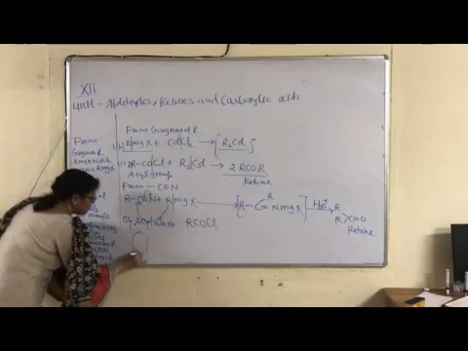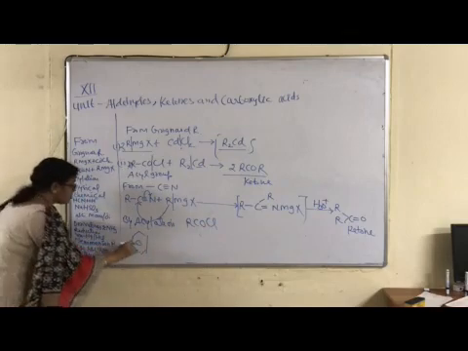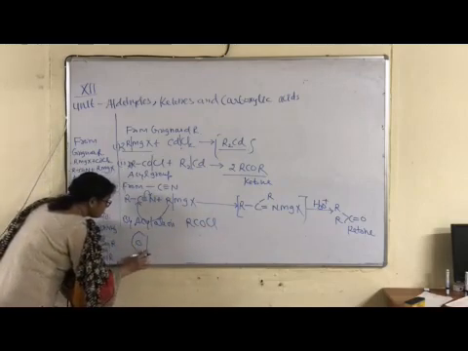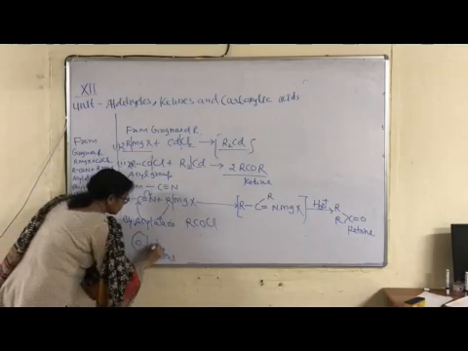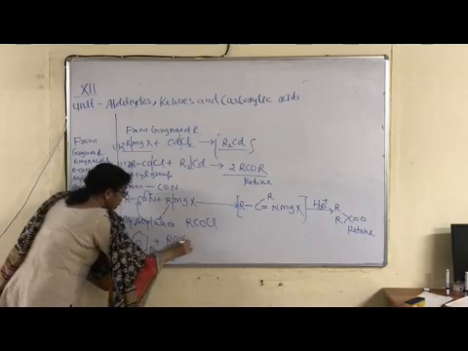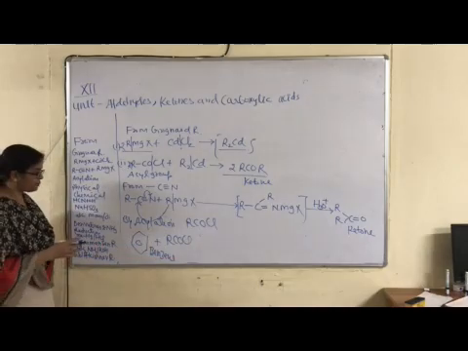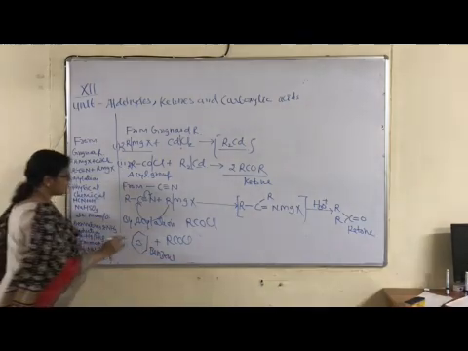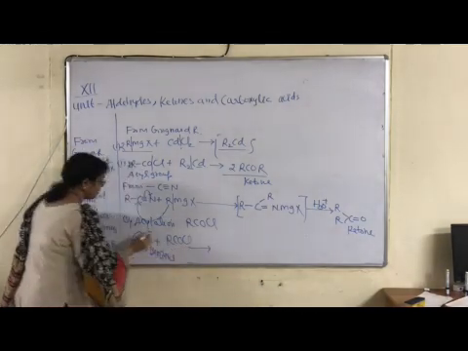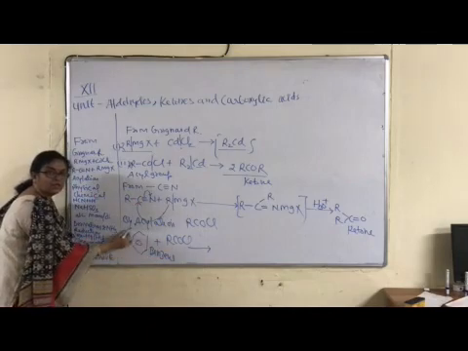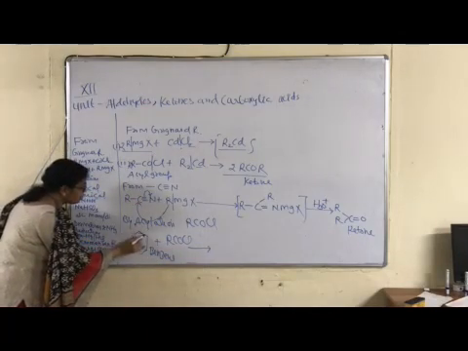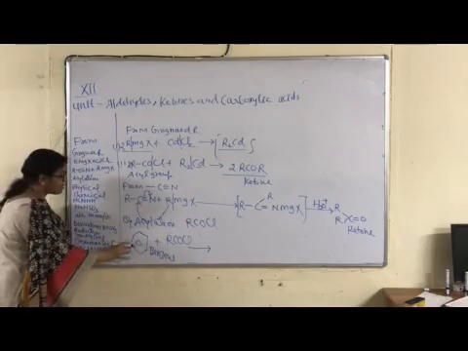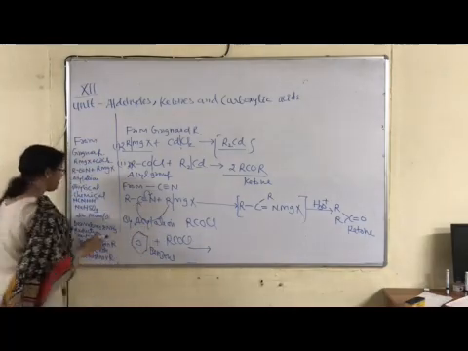Here aromatic hydrocarbon is taken, which is benzene, and RCOCl is the acyl chloride. Then what happens? All hydrogen atoms are chemically equivalent. Replacement of one hydrogen atom from this benzene ring and attachment of acyl.